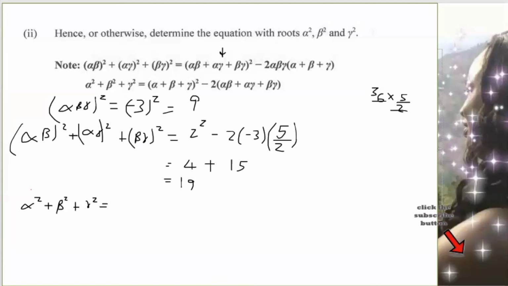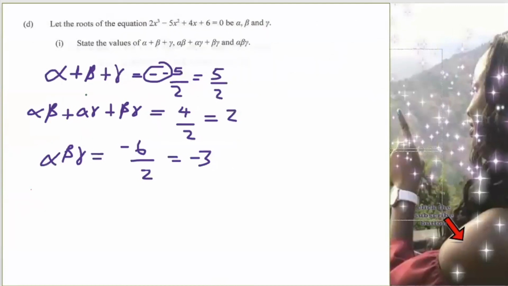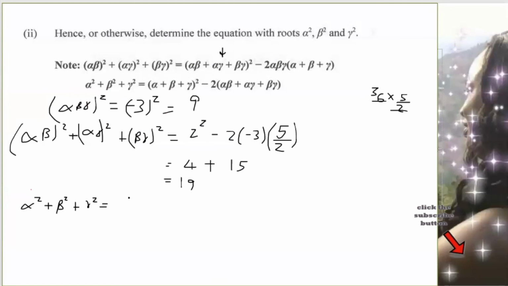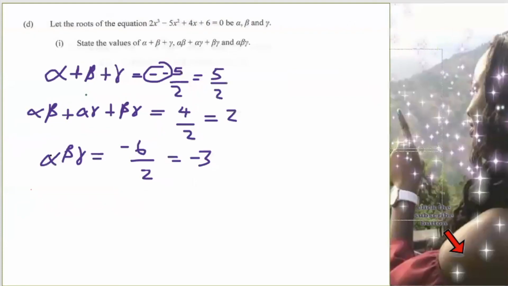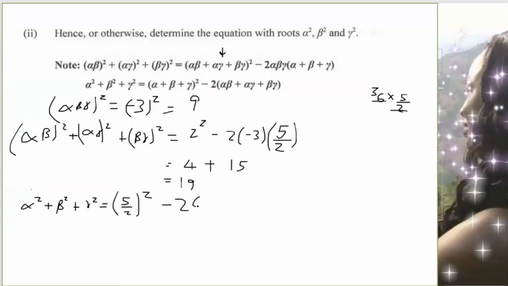So replacing here with 5 over 2, I will have (5 over 2) all squared minus 2 times (alpha beta plus alpha gamma plus beta gamma), which was found to be 2. So I replace here with 2. Then I have this squared, so I have 25 over 4 minus 2 times 2, that gives me 4.